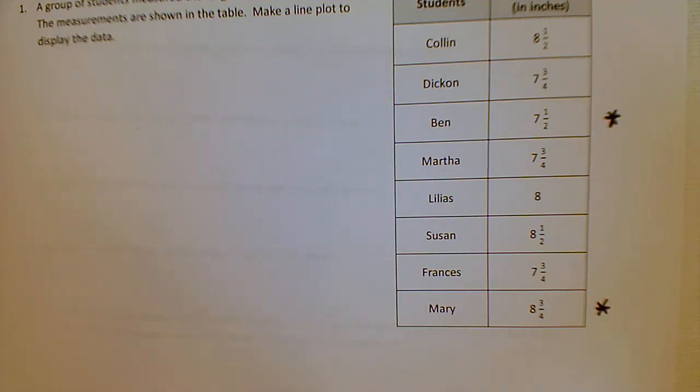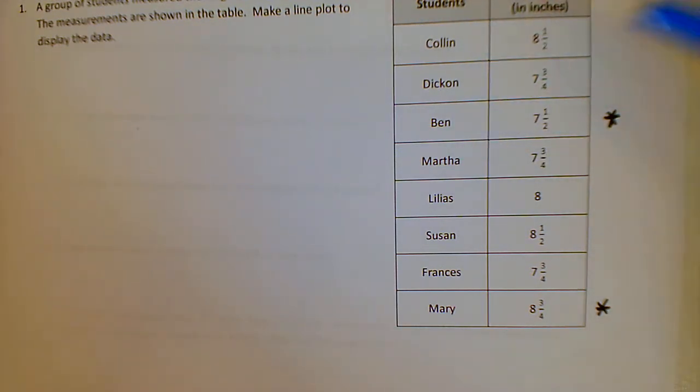Remember that some of the data points are going to have more than one X. So we want to make sure that we don't miss anyone, because that could really throw off your graph and any work that you do with it later on. So let's go ahead and start plotting.